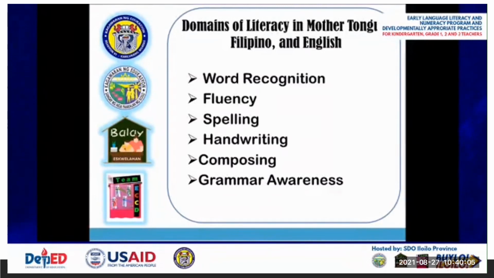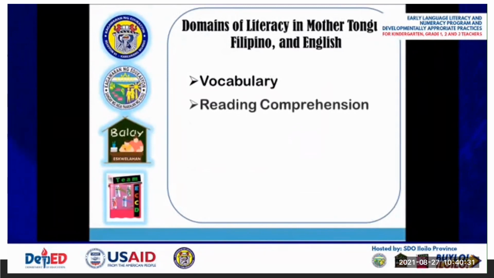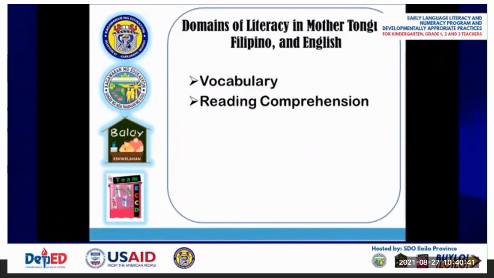The learner demonstrates understanding and knowledge of language grammar and usage when speaking and/or writing. Vocabulary. The learner demonstrates expanding knowledge and use of appropriate grade-level vocabulary and concepts. Reading comprehension. The learner demonstrates understanding of grade-level narrative and informational text.